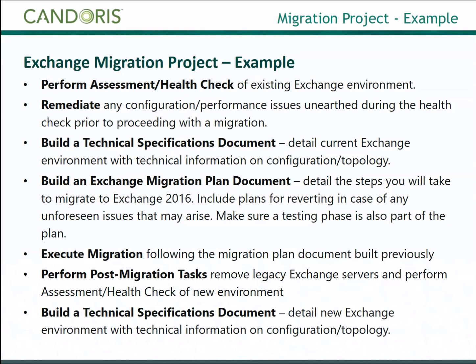Once all data has been migrated to Exchange 2016, the post-migration tasks of removing the older Exchange servers from the environment can take place. We also build another technical specifications document at this point to document the environment as it's been built. This is helpful for onboarding new IT staff or when discussing your Exchange messaging topology with other vendors.